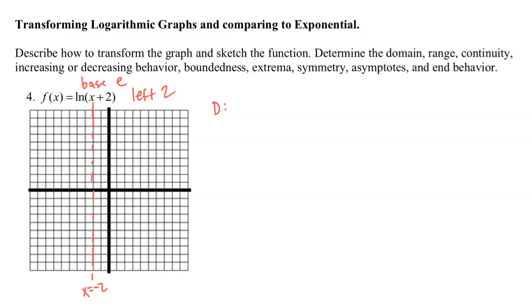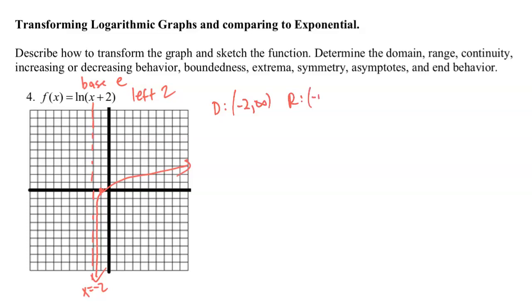Its x-intercept is whenever the argument is equal to 1. So what number is going to make that argument equal to 1? Negative 1 is, and so negative 1, 0 is going to be my x-intercept. And then honestly, just get it through that point and then curve around so that it's increasing just like the other graphs looked. Okay, so our domain is negative 2 to infinity.